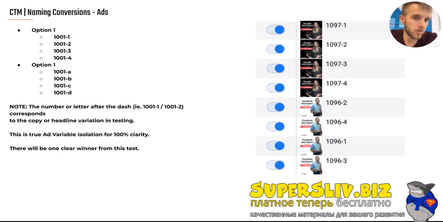And then you're taking those insights from 1097-2 back into your creative production. You're now writing variations of hooks and headlines that are similar to 1097-2, carrying that back into either a phase 1 or a phase 2 testing campaign. And then the cycle continues, right? And this is how you start winning. This is how you start creating stability within the account, because you know with 100% certainty what exactly is working within your ad and why.